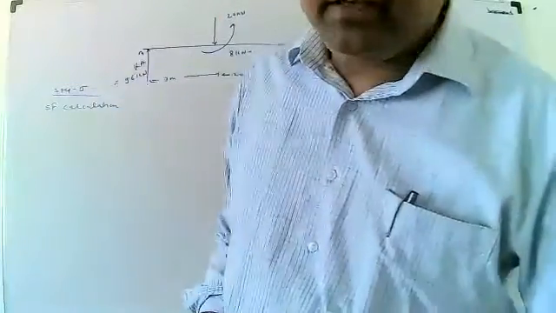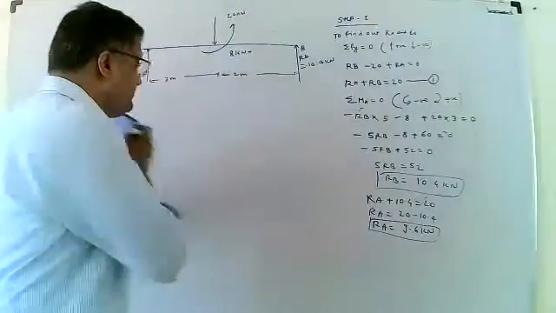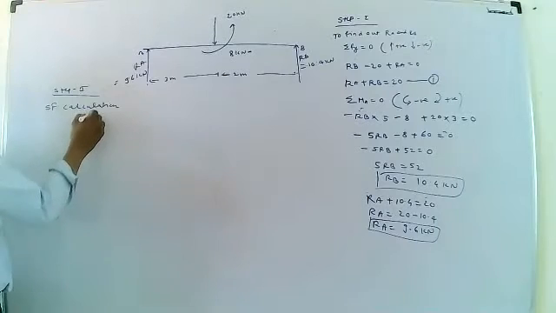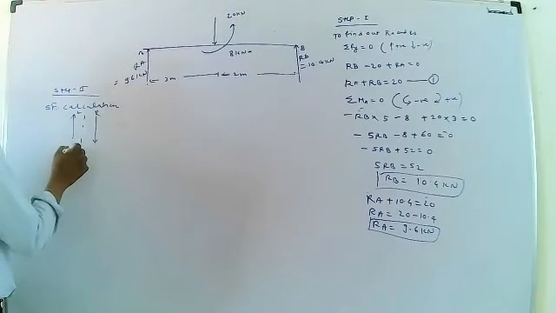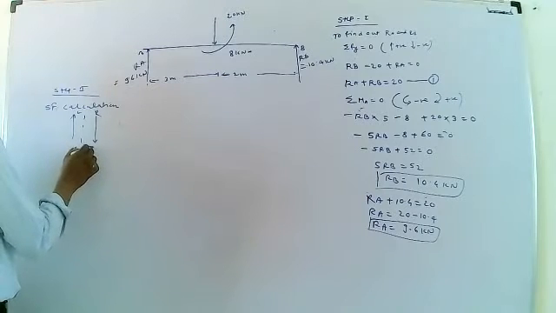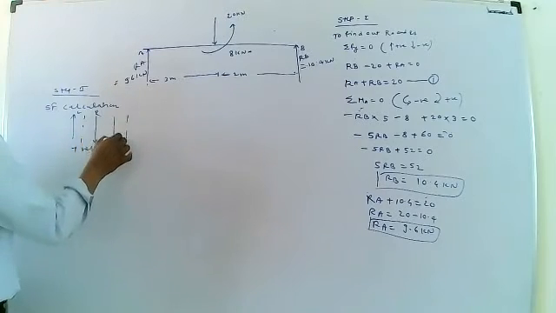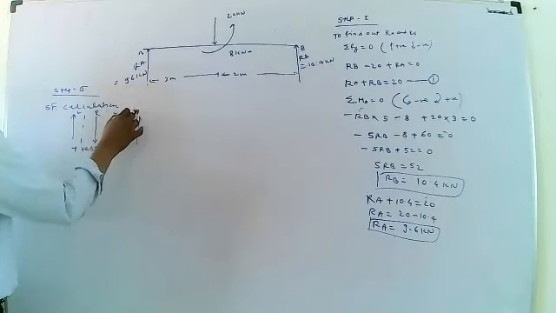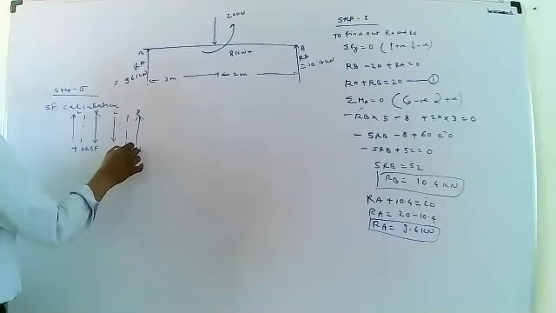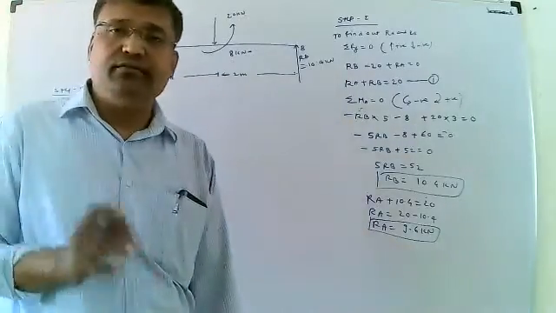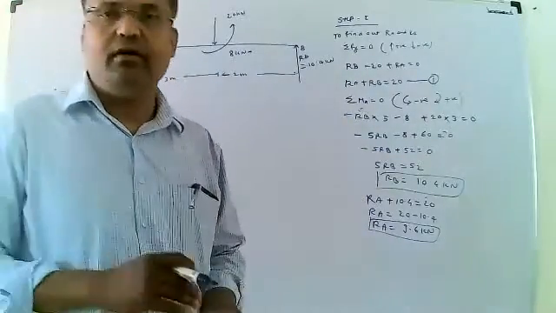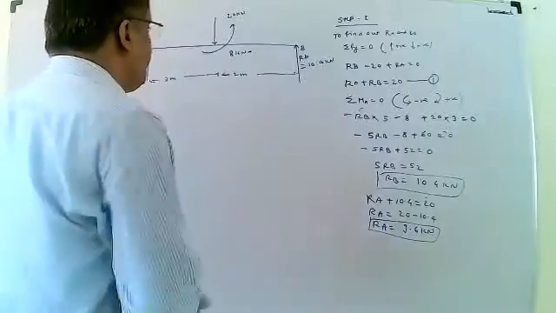This is a simple way to calculate. First, the left side and right side, positive SF and negative SF, and the calculation for shear force always starts from the right side to the left side.